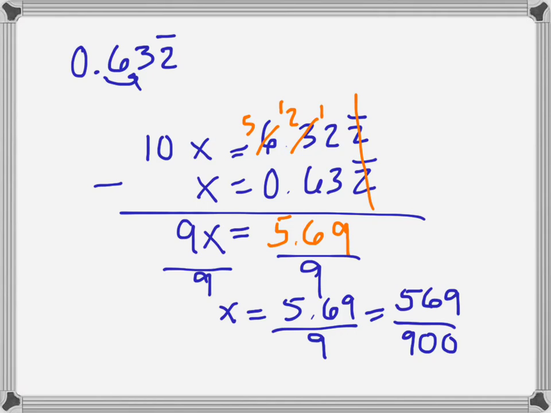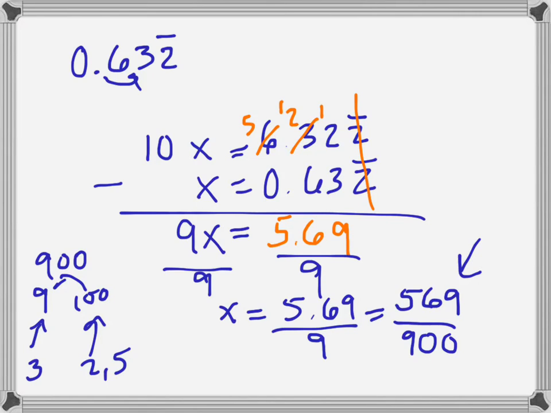All right, so to check to see if this is in lowest terms, I know that 900 is 9 times 100. I already know that the only prime numbers that go into 100 are 2 and 5, and the only prime factor that goes into 9 is 3. Alright, so 569, I just need to check if it's divisible by 2, 3, and 5 to begin with.